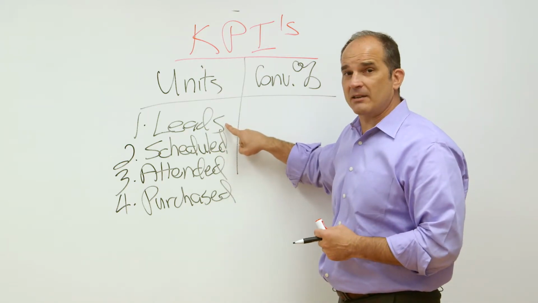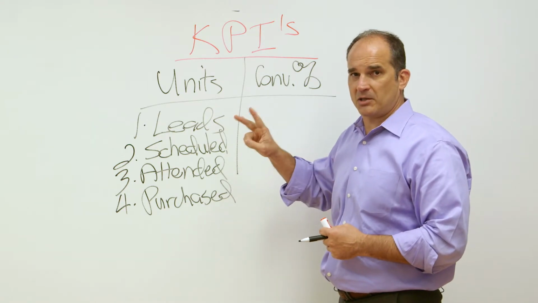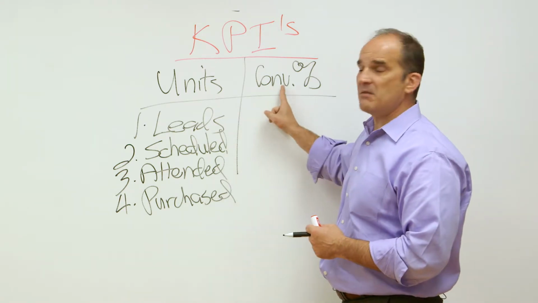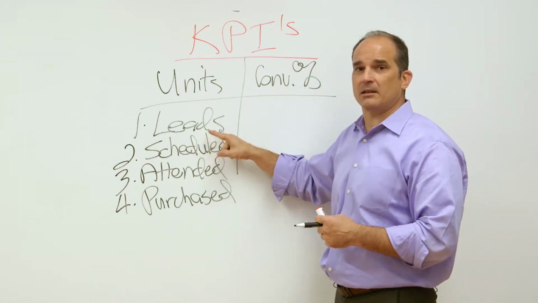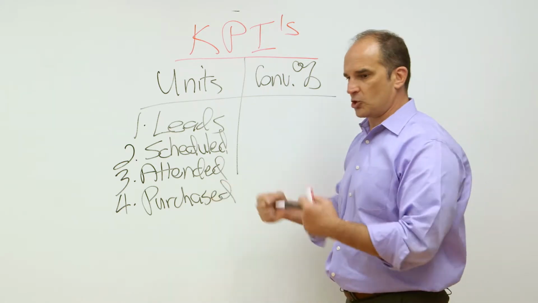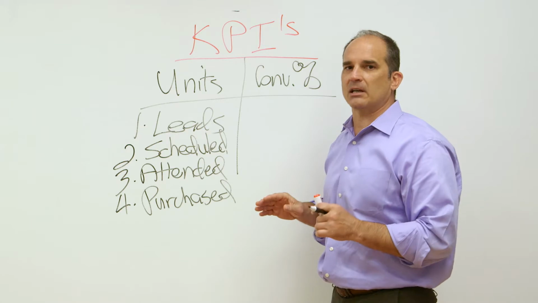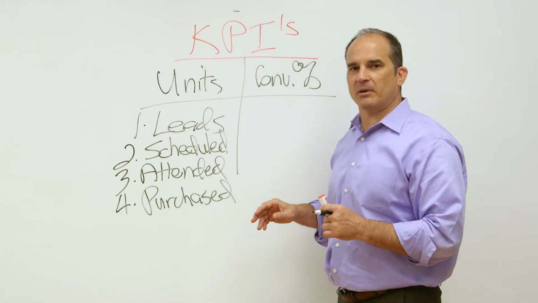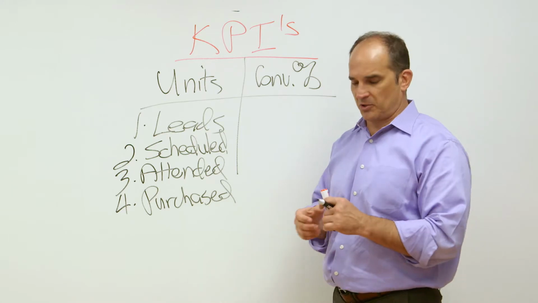And I want to understand this based on 3 categories: new patients, existing patients, and referral patients, because it's going to impact my conversion metrics. And so I want to be able to distinctly understand the differences. I want to know how many of the people that scheduled attended, how many showed up in my office. They're not all going to show up. So let's be realistic about that when we're talking about how to improve our patient acquisition process. And then ultimately of the ones that did show up, how many purchased.